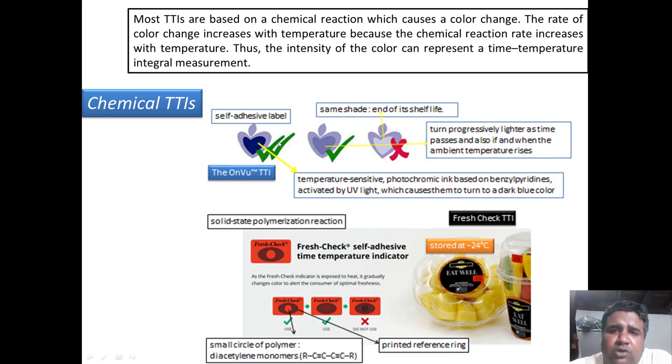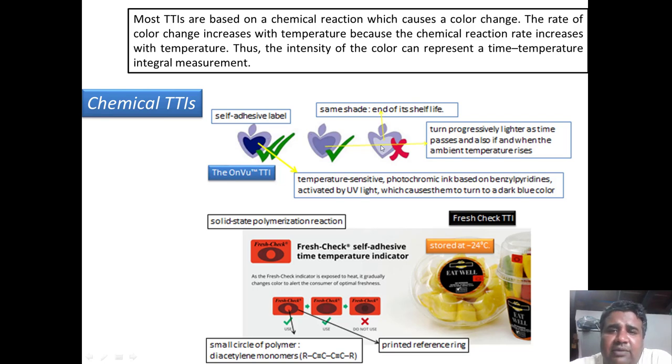With the passage of time and the exposure to temperature, the color of this dye fades slowly. This portion is indicating that it has started spoiling; it turns progressively lighter as time passes, and also if and when the ambient temperature rises. So the color change takes place due to two reasons: the passage of time, as well as a rise in temperature in between.